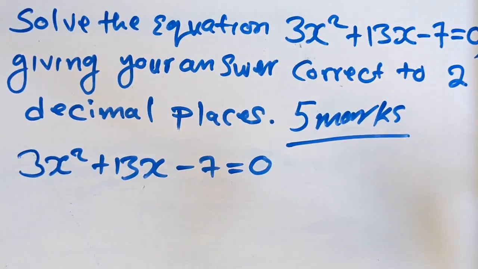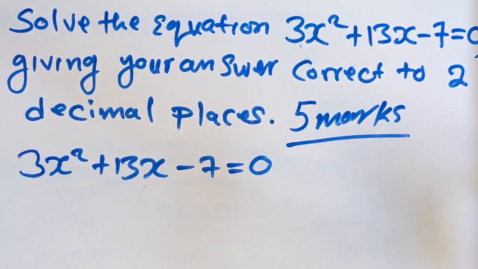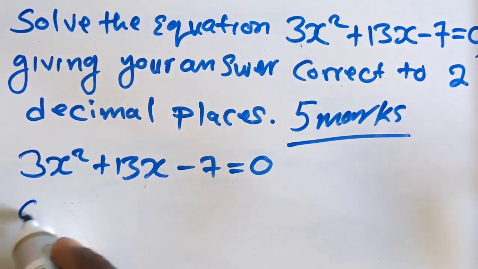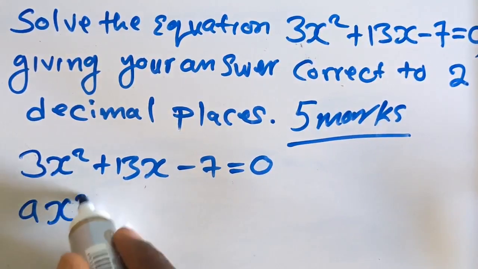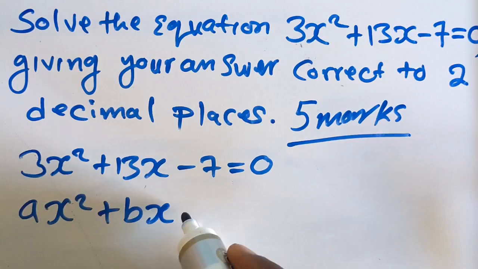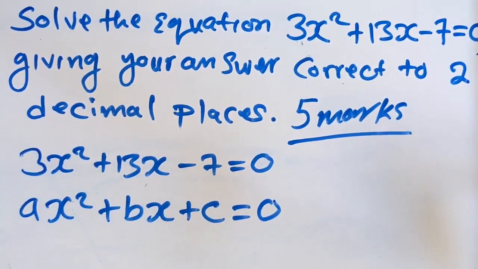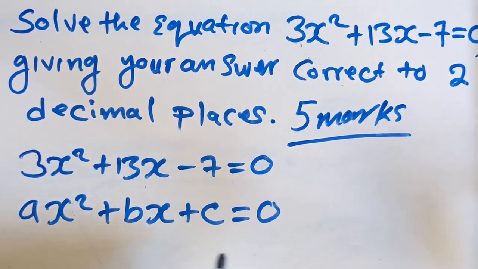Now the next thing that you're supposed to do, make sure that you remember the general equation of a quadratic equation. The general equation of the quadratic equation says that it is ax squared plus bx plus c is equal to 0. So this is where a quadratic equation is coming from.